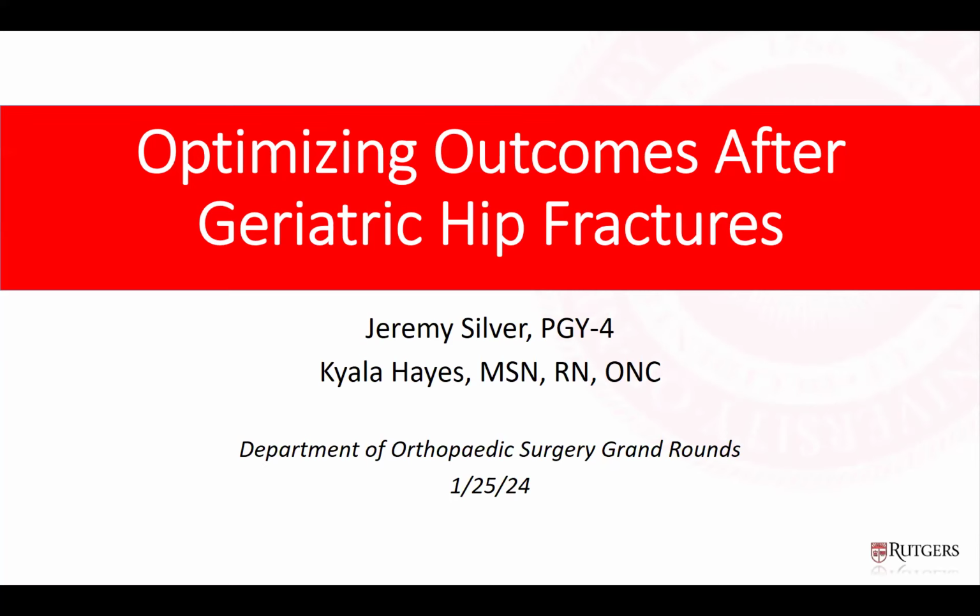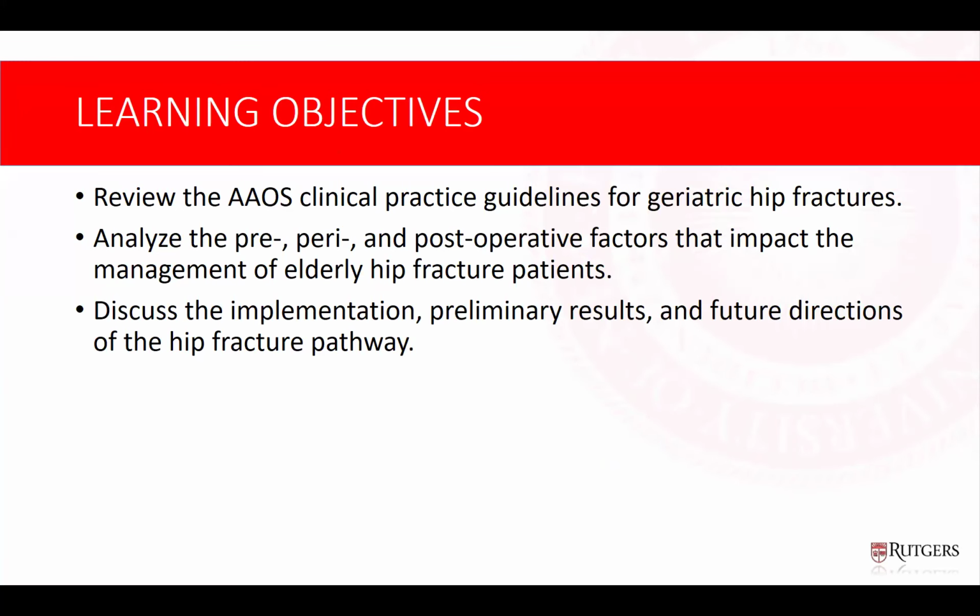So the way we'll organize this is I'll start by giving a general overview of the AAOS clinical practice guidelines for geriatric hip fractures. I'll then subgroup those into pre-, peri-, and postoperative factors that impact the management of these patients. And then we'll discuss at the end the implementation, preliminary results, and future directions of the hip fracture pathway.